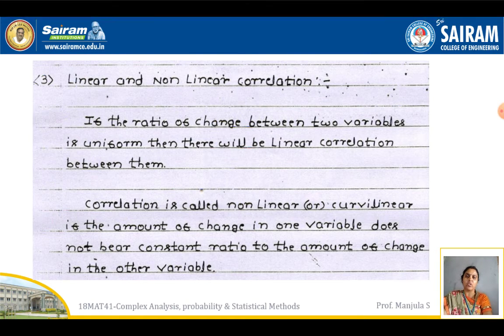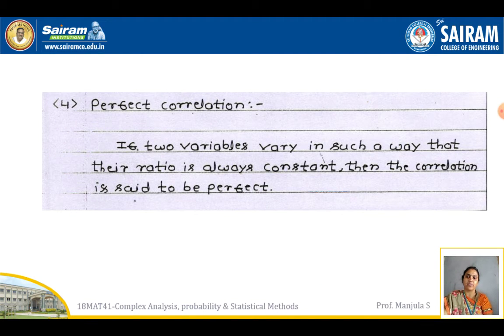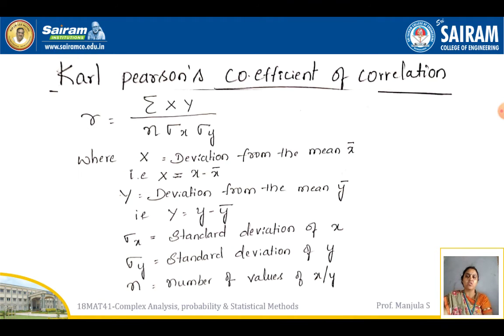And the last one is perfect correlation. If two variables vary in such a way that their ratio is always constant, then the correlation is said to be perfect.